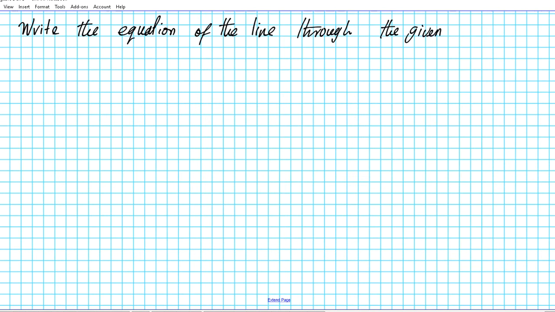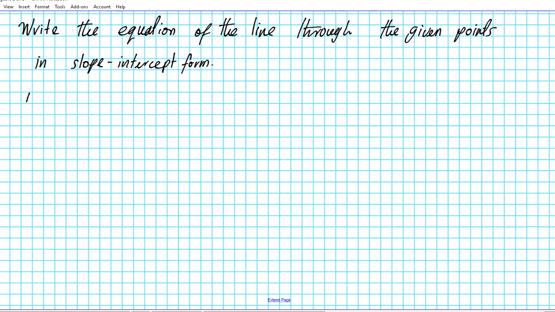We are to write the equation of the line through the given points, and write it in slope-intercept form. Okay, so that's the goal for this presentation. We want to write the equation of the line through the given points in slope-intercept form.